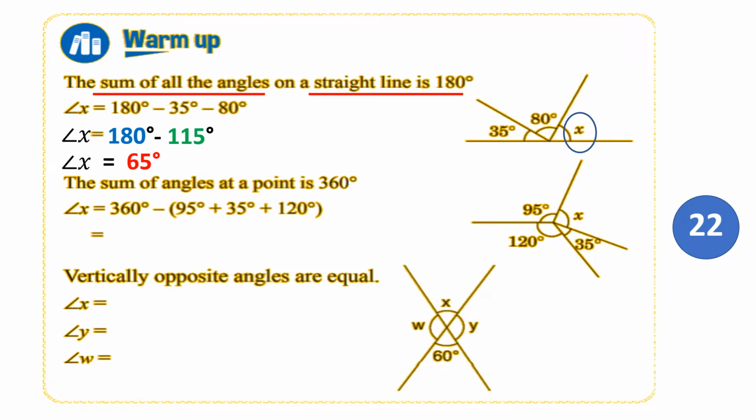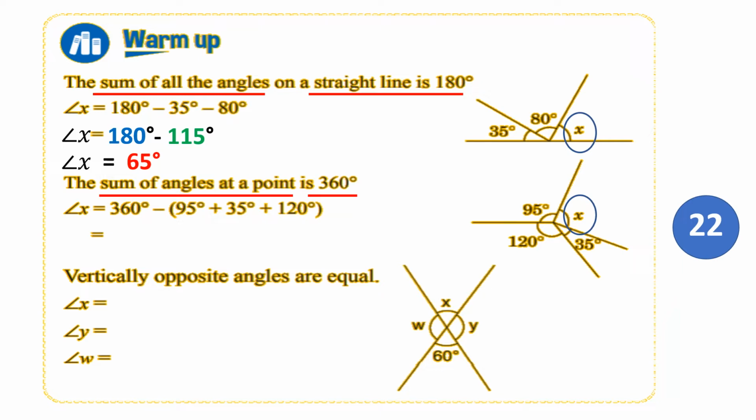If we solve for angle x, angle x is 360 minus 95 plus 35 plus 120.